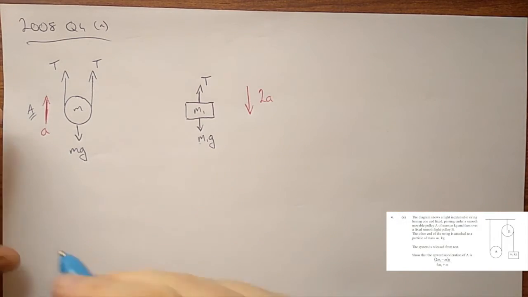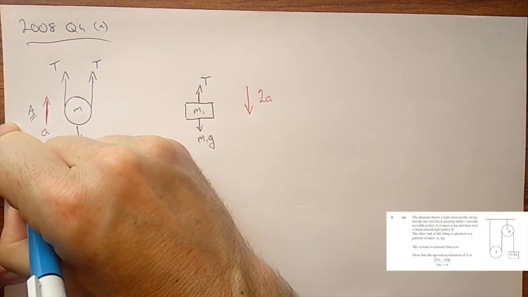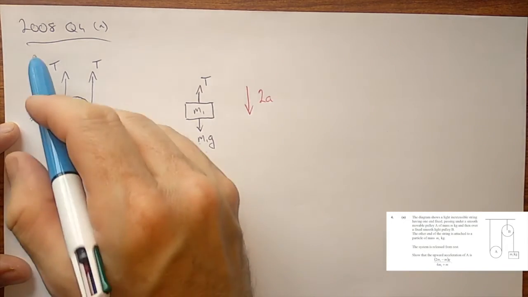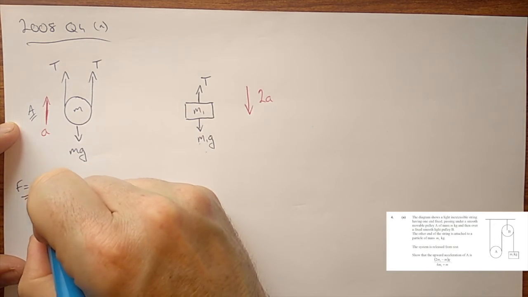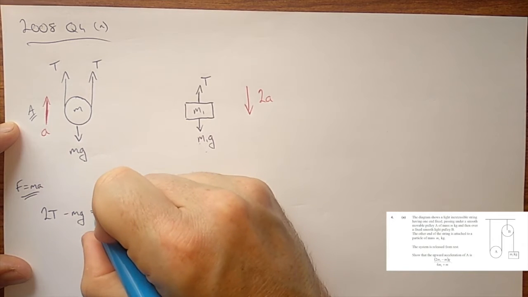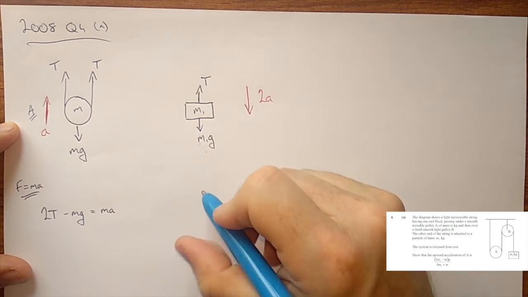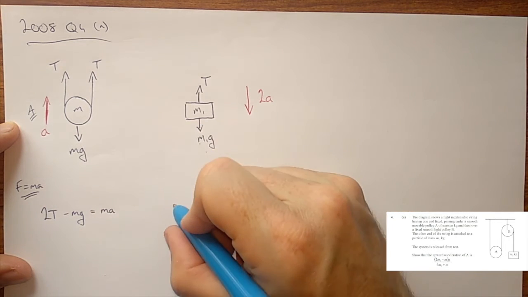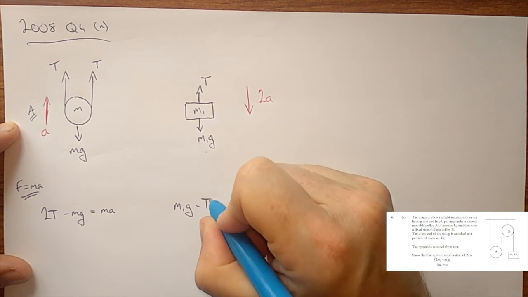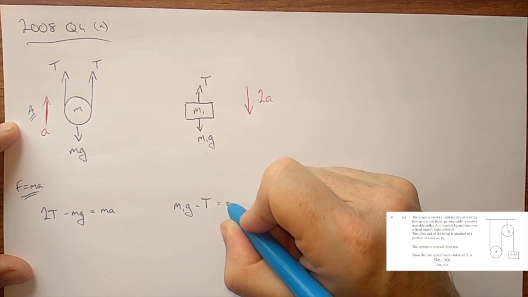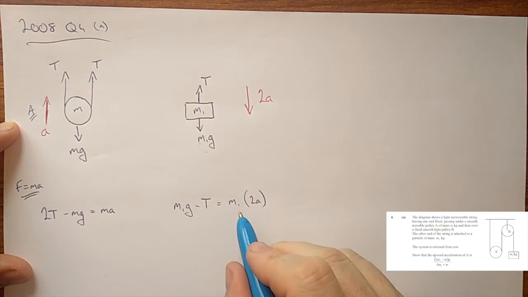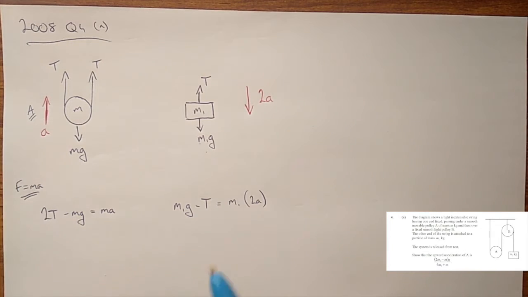Next is our force equations. F equals ma. We'll run them for each of these. It's going upwards, so 2t minus mg equals ma. And over here, it's going to go downwards, so m1g minus t equals m1 times 2a, because acceleration is twice as much going downwards.